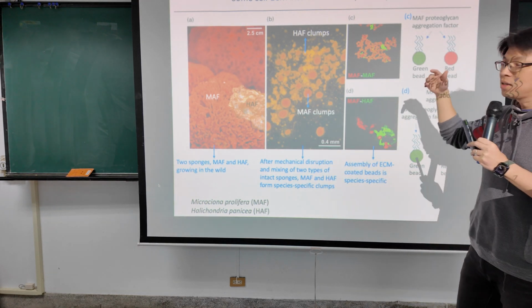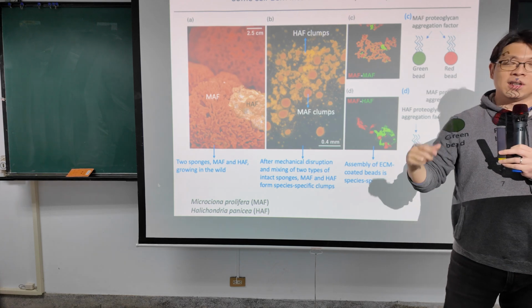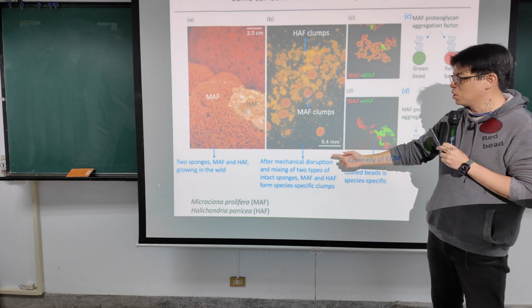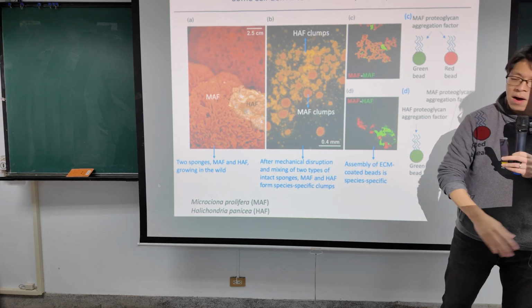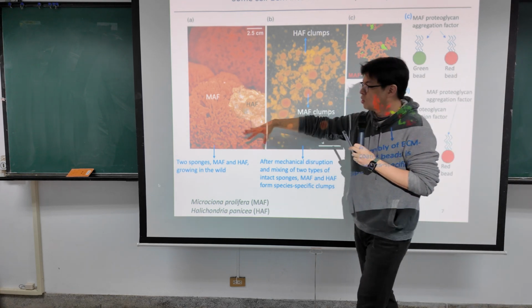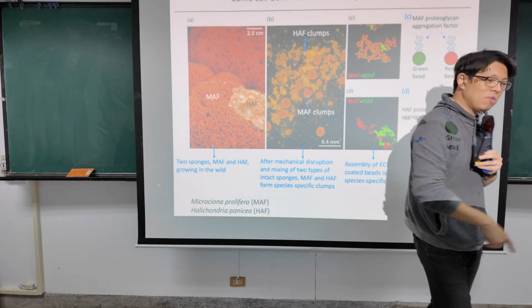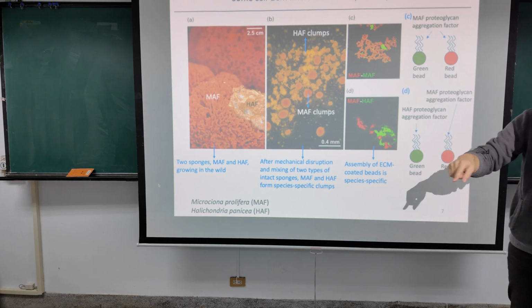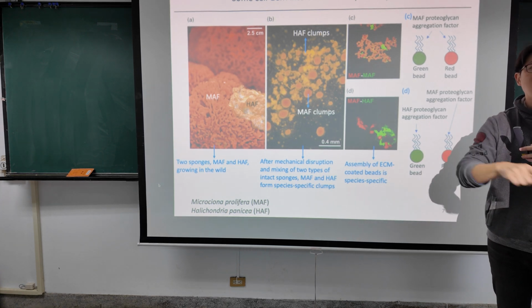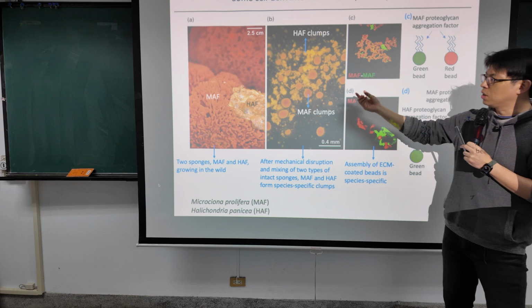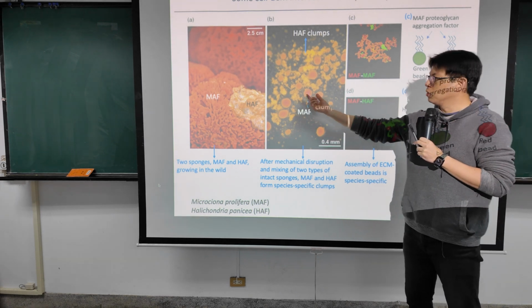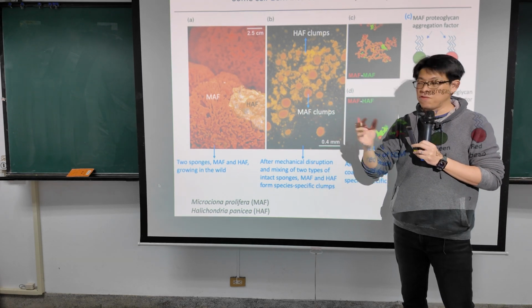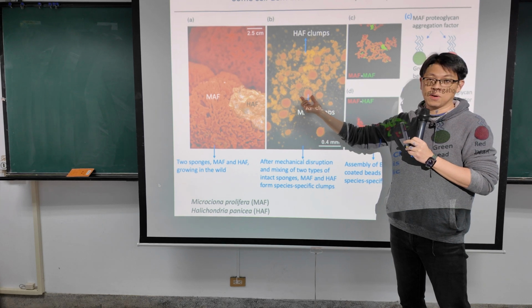But once you use some vortex or sonication, what we call mechanical disruption, to disassemble those sponges into single cells, and mix the two kinds of sponge cells in the solution, after a while the NAF cells still form the NAF-specific cluster.